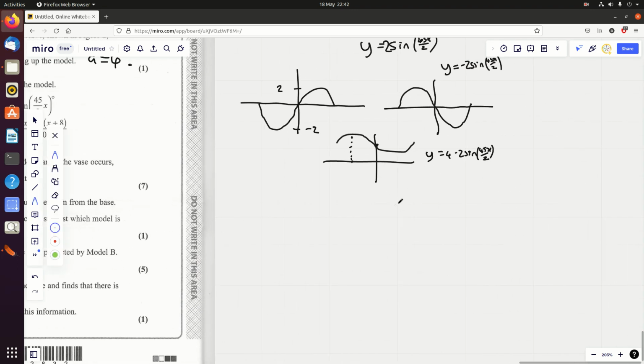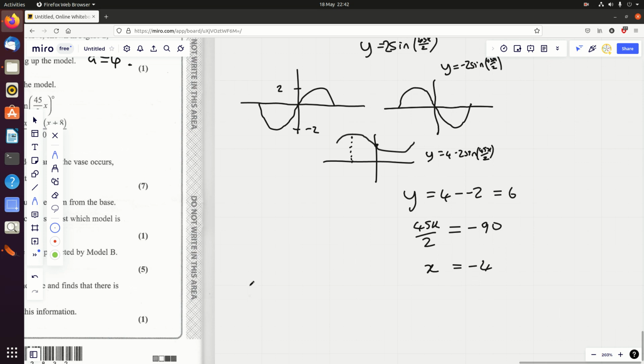Firstly, the y coordinate is just going to be 4 minus 2, which is 6, because I want sine of the stuff to be minus 1. And then 45x over 2 is going to be minus 90, because sine of minus 90 is minus 1, and therefore I got x is minus 4, because minus 4 times, you'll see it works out.